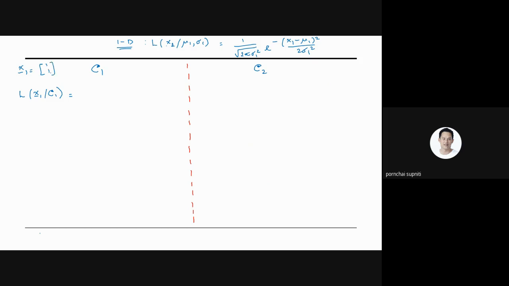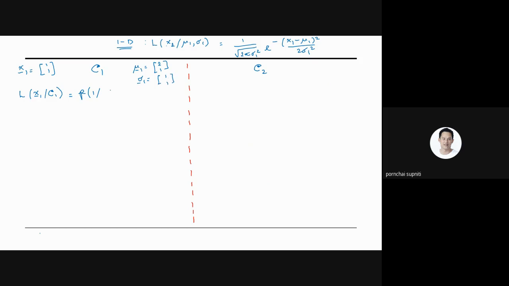So I have the PDF of dimension 1 of 1 given the mean, mu1 is 2, 1, and sigma 1 is 1, 1.